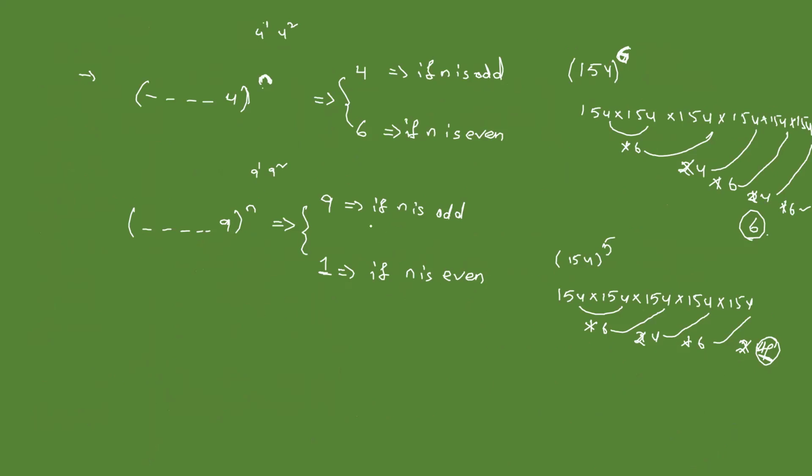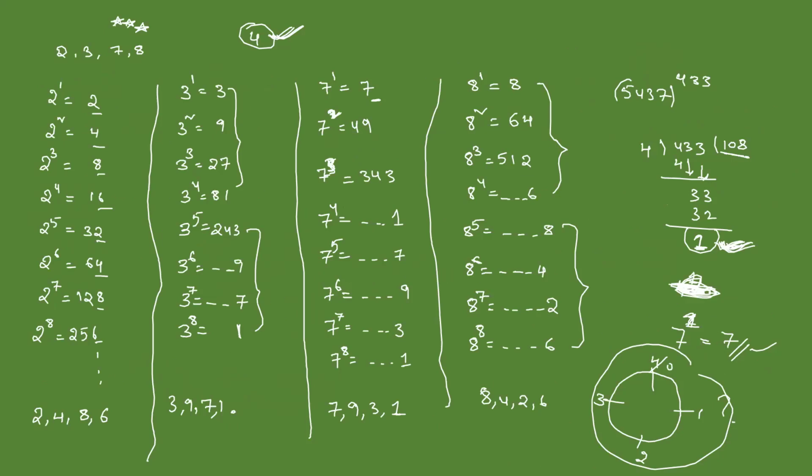Similarly, for 2, 3, 7 and 8, we will have 4 chances. You need to divide the power with 4 and observe the remainder. If the remainders are 1, 2 and 3, take their powers directly. If the remainder is 0, take the fourth power. So these are the concepts regarding units digit and remainder theorem.